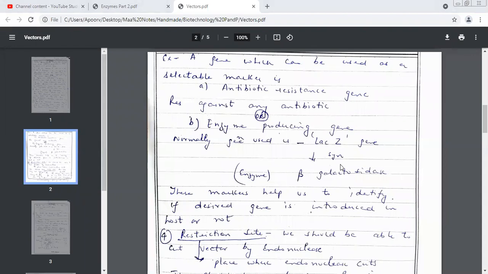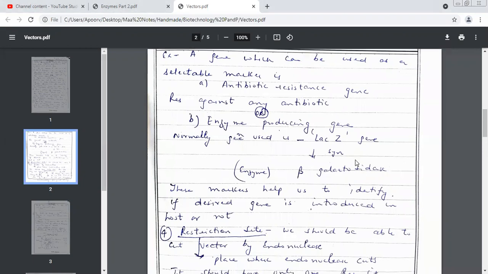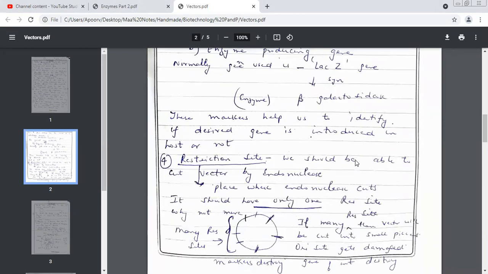So you check after a few days. If this enzyme is present, that means your LAC-Z gene has entered. So what are these markers doing? They are just helping you to check that whatever gene we are inserting into the host, after going inside it shows its effect or not. Supposing we put a gene which is resistant to antibiotic, and after going inside it made the organism antibiotic resistant. This proves what? This is a marker. This is an identification that yes, the gene is entering the host. Similarly, the second example, you can introduce a gene which produces enzymes.